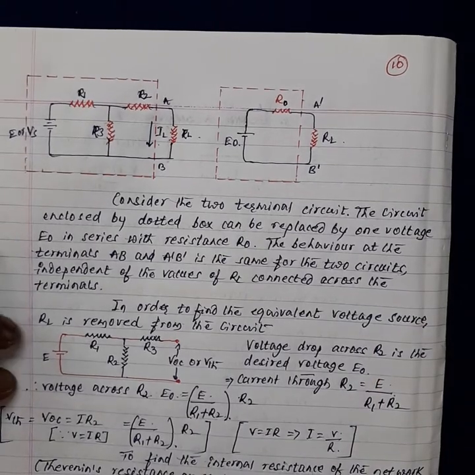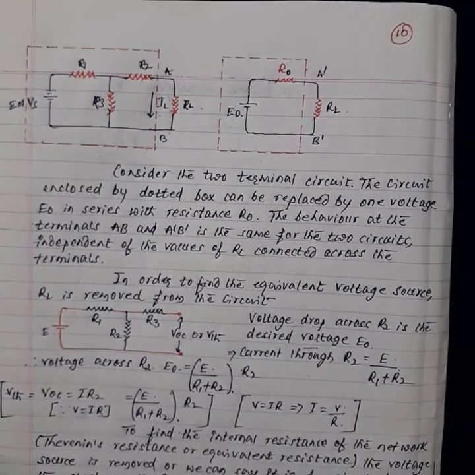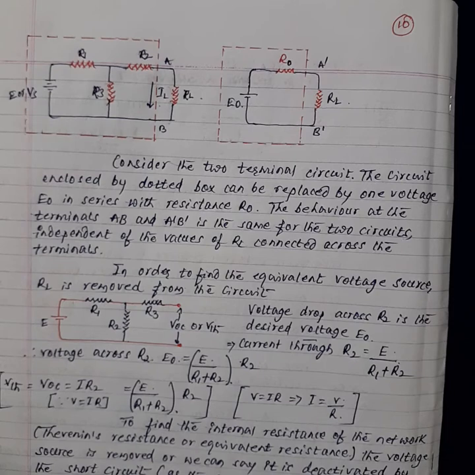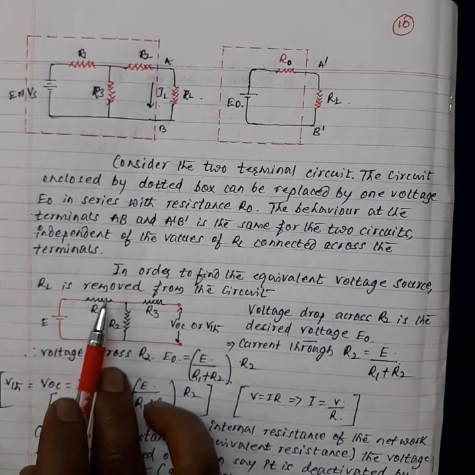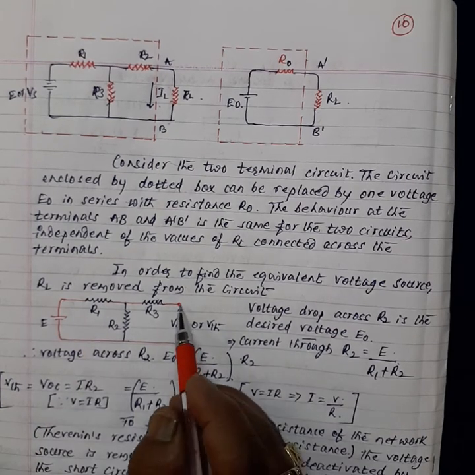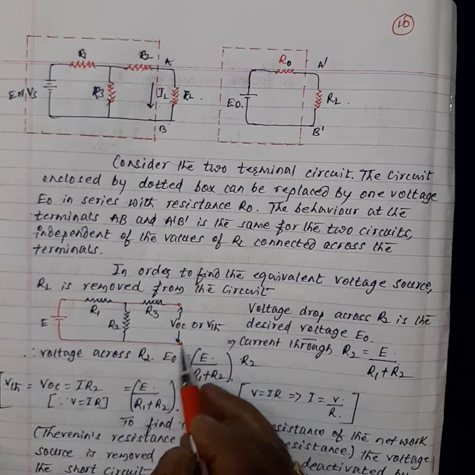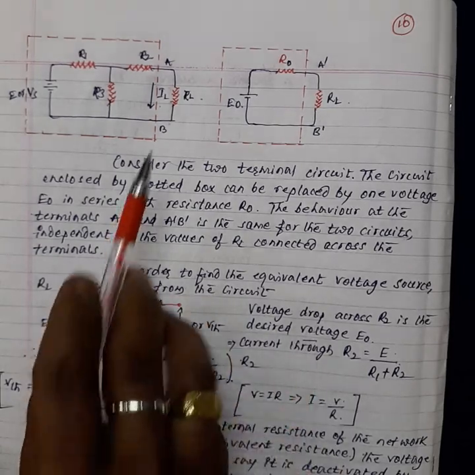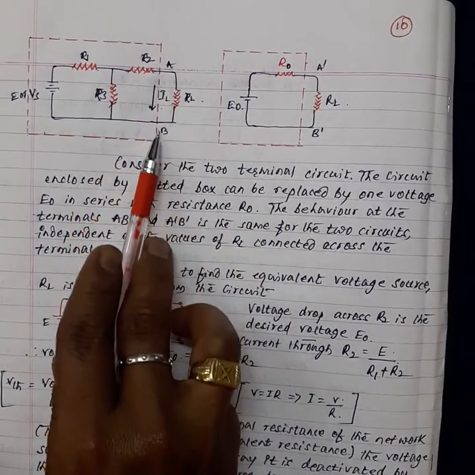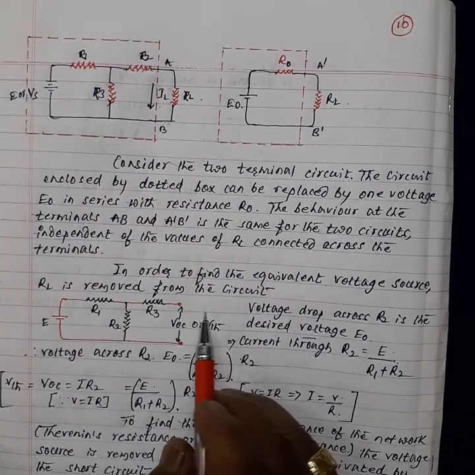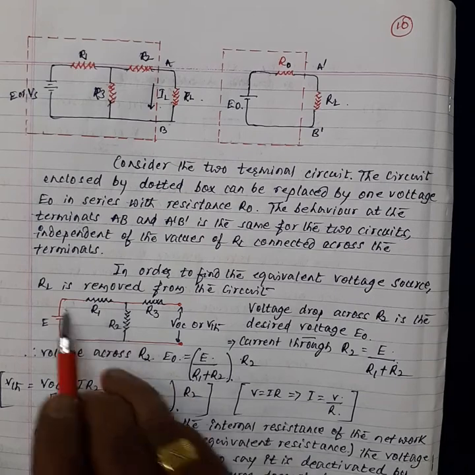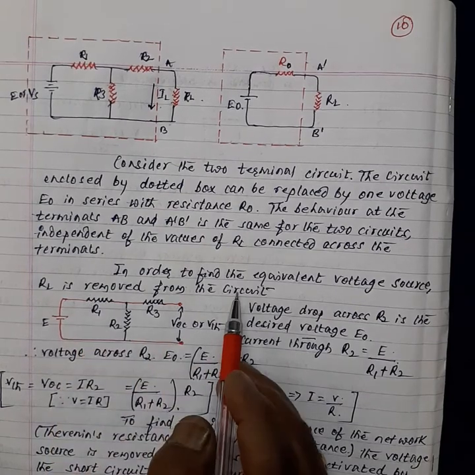In order to find out the equivalent voltage source, R of L is removed first. First you have to remove the load resistor, which is connected at the output, that is A and B. We have to remove the RL from the circuit.